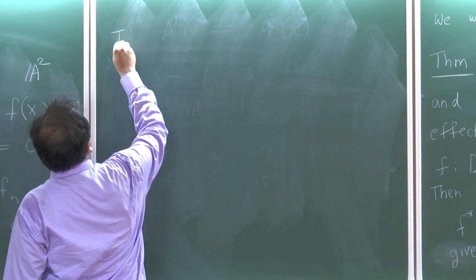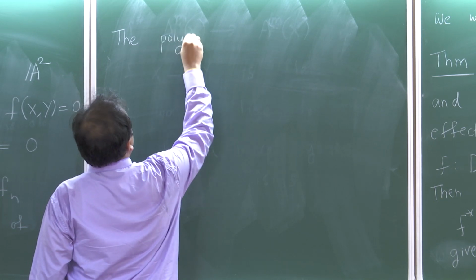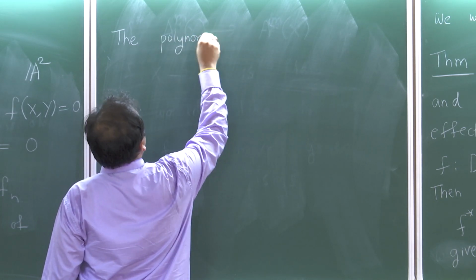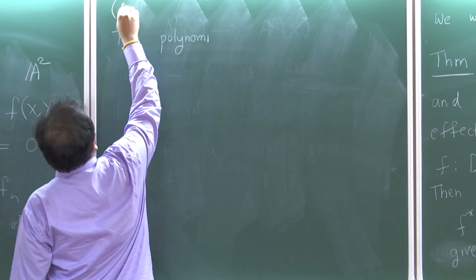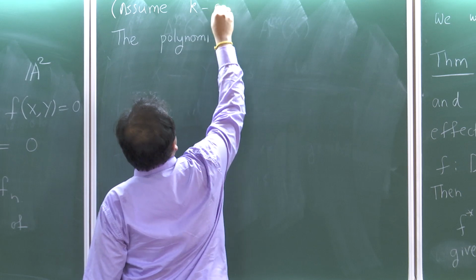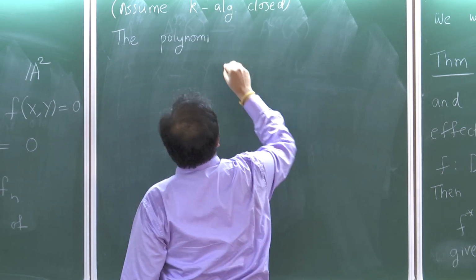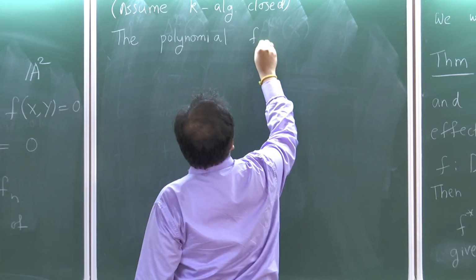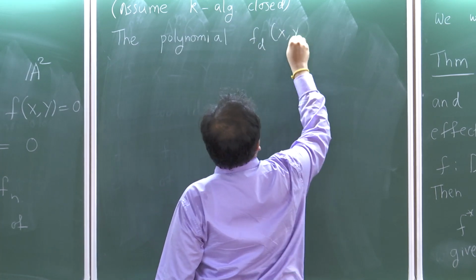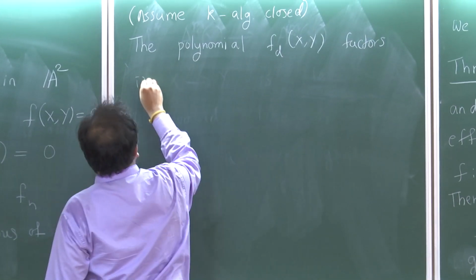the polynomial, okay, assume for now, just for this particular thing, assume K algebraically closed, so that I can then factor the polynomial fd of xy into linear factors.